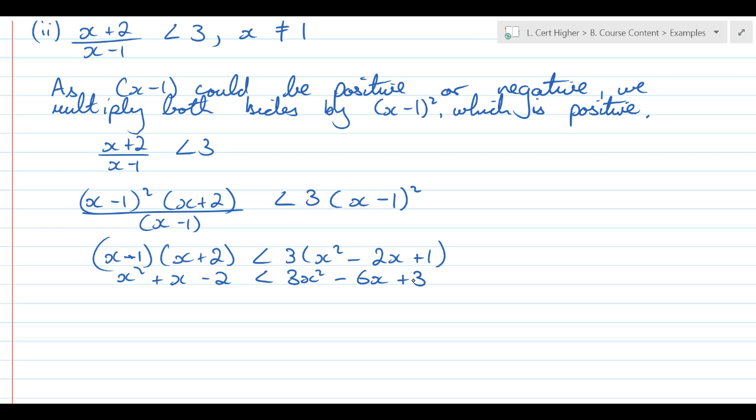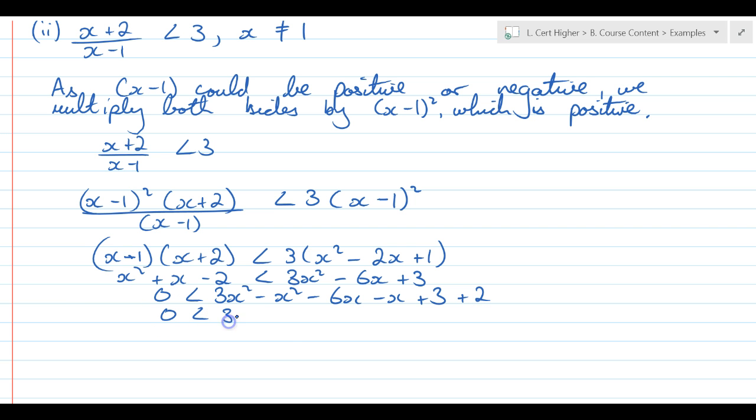That all okay so far? Now let's look at what we have. We have an x squared on one side and a 3x squared on the other side. We're going to bring everything to one side and follow our steps from previously. However, I want the x squared to be positive. Which side has more x squareds? The right hand side. So bring everything to the right hand side. That gives 0 less than 3x squared minus x squared minus 6x, when your plus x goes across it becomes minus x, and plus 3, your minus 2 comes across, it becomes plus 2.